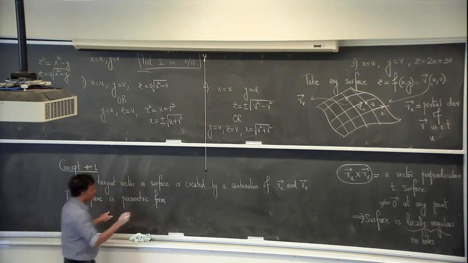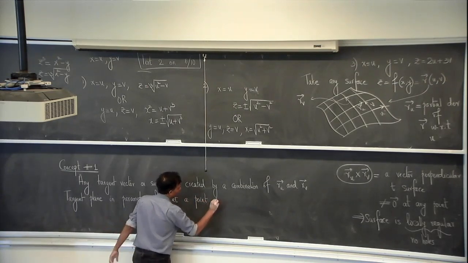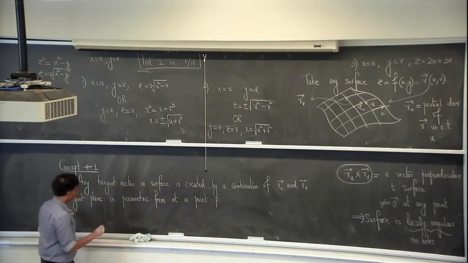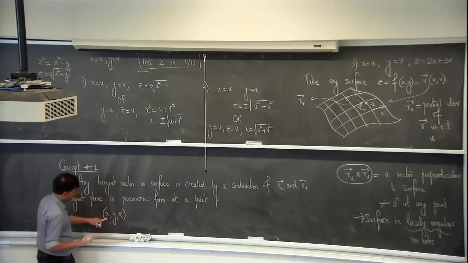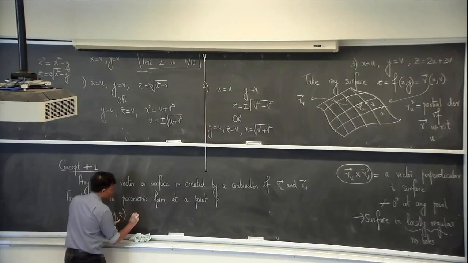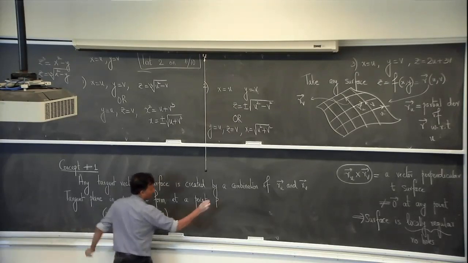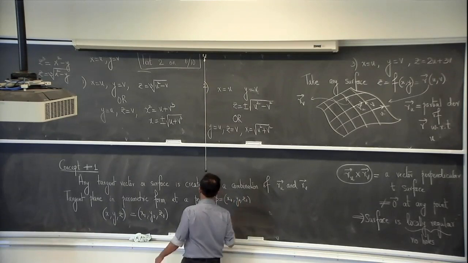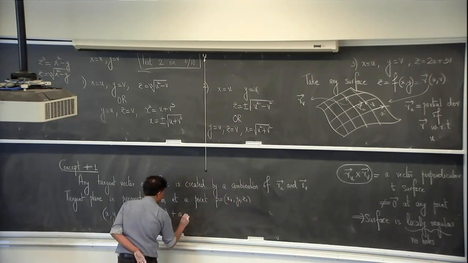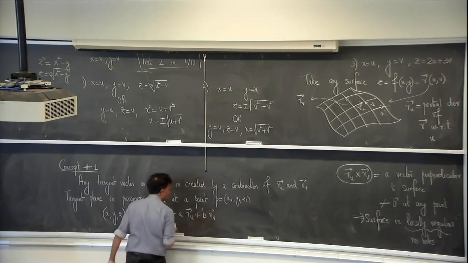At any point P, x, y, z, that is the x, y, and z coordinates of the tangent plane, equals x naught, y naught, z naught, that is the point P, plus some parameter a times r partial u plus some parameter b times r partial v.